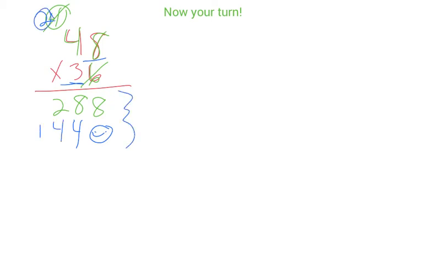So here we have our partial products. So now we just need to add those two together. 8 plus 0 is 8. 8 plus 4 is 12. 4, 5, 6, 7, 1. So our product, 48 times 36, equals 1,728.